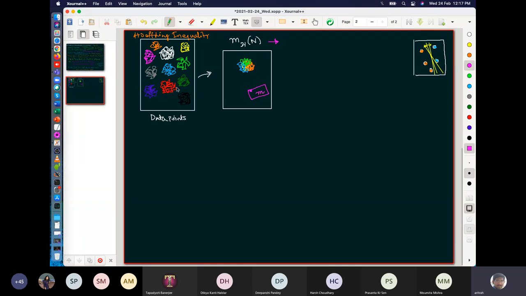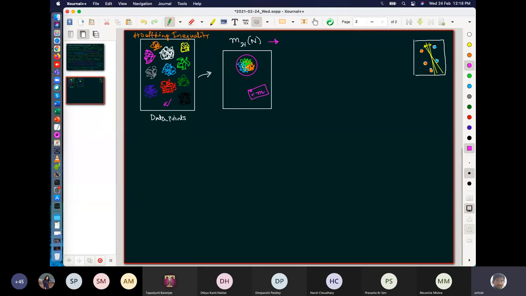In the case of Hoeffding inequality and the union bound, I do not have this guarantee that every point will be colored m number of times by m hypotheses. If I have this guarantee, the bad event space will shrink down to the total number of points divided by m at least.